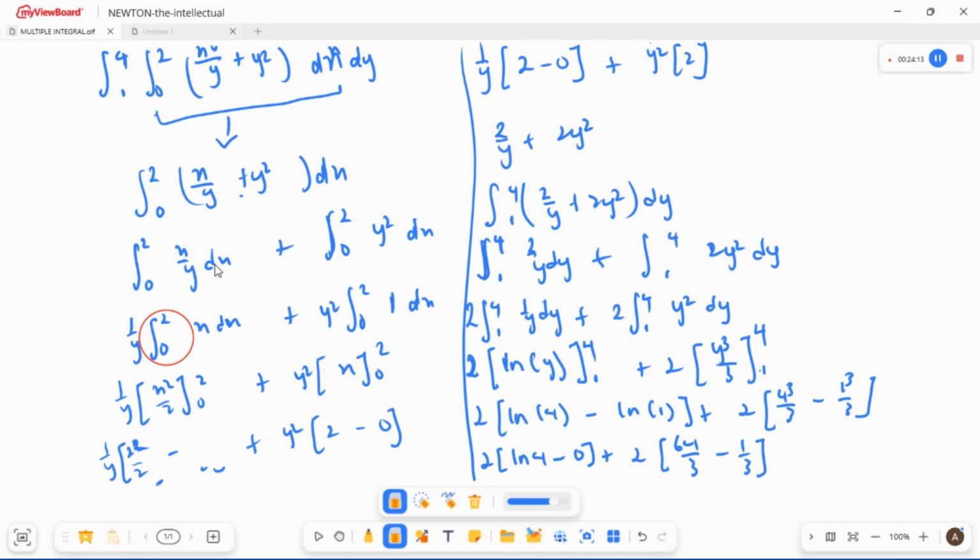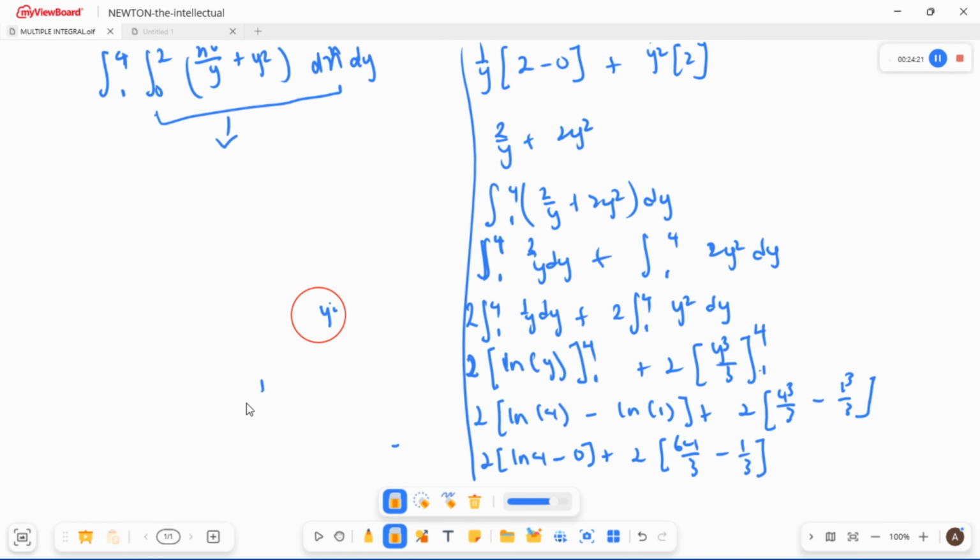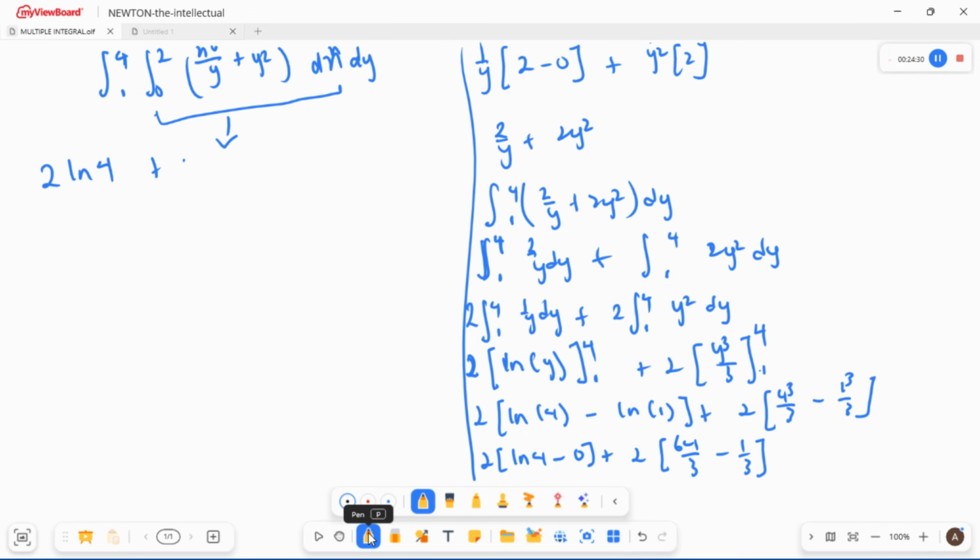Let me roll off this other side so we can solve and get our final answer. All right. So here we're going to be having 2 natural log of 4 plus 2 times 64 over 3 minus 1 over 3, which is going to be 63 over 3 basically.